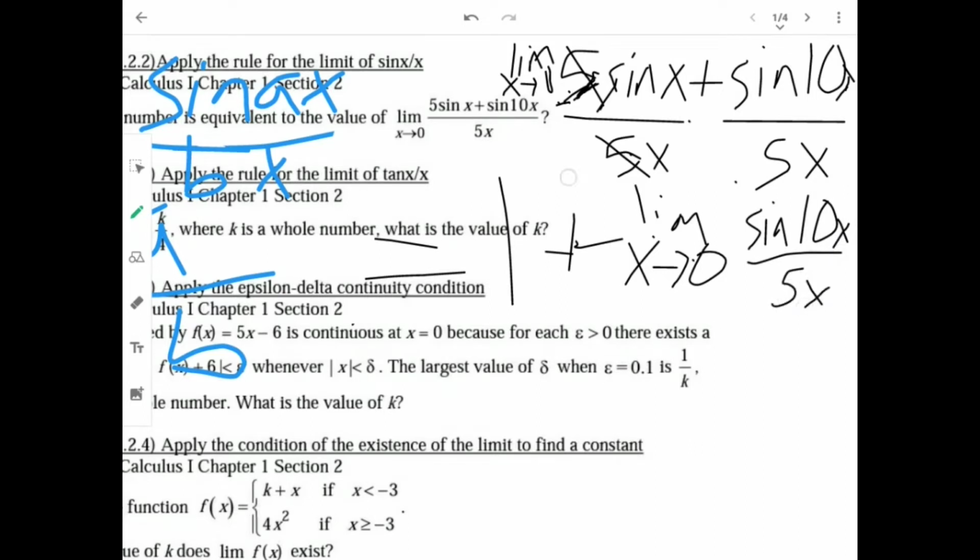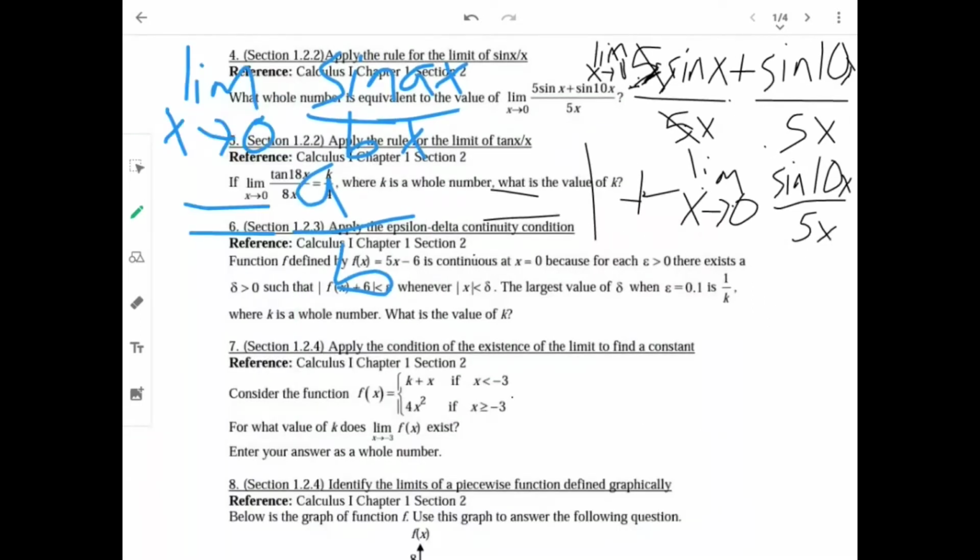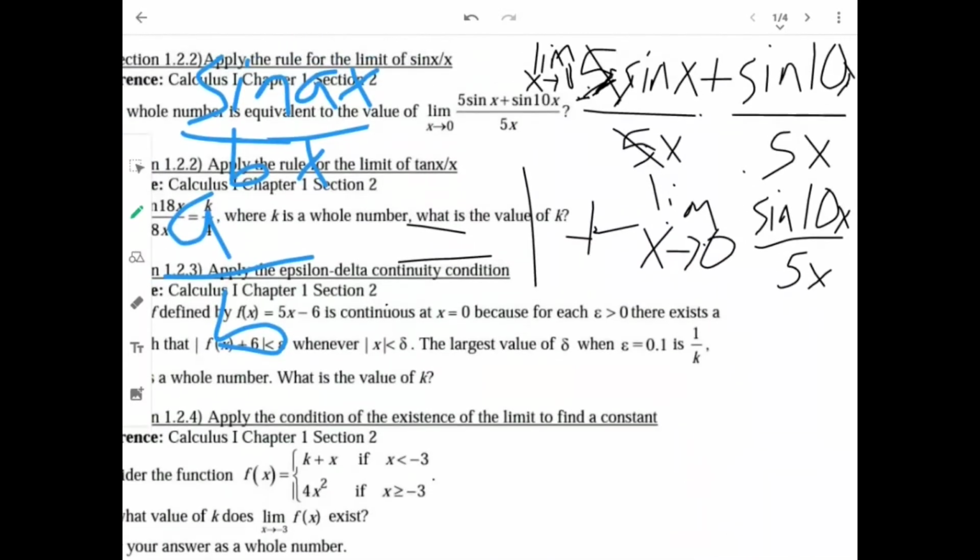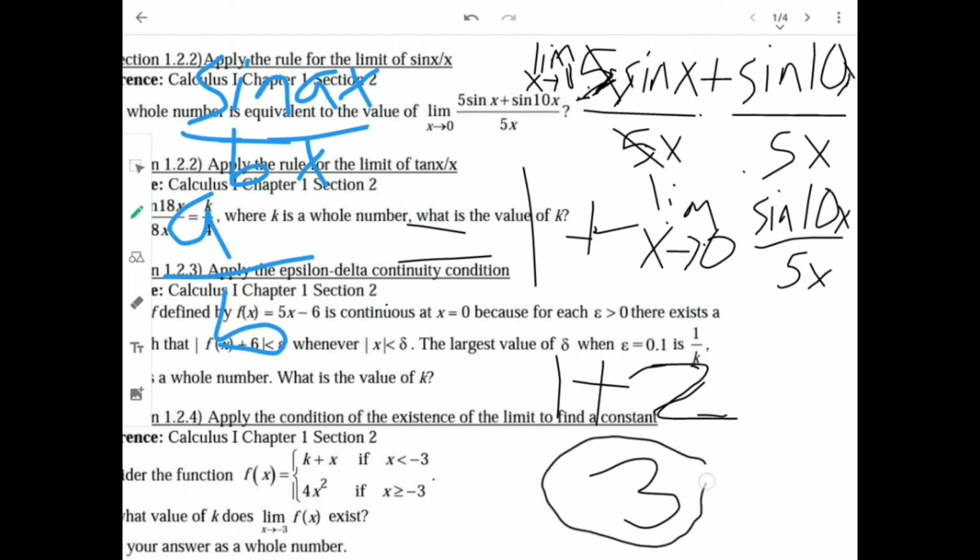And then, as you can see from the identity over there, it's a over b, which is 10 over 5, which is 2. So it will be 1 plus 2, and that is 3. So that is the answer for 4.